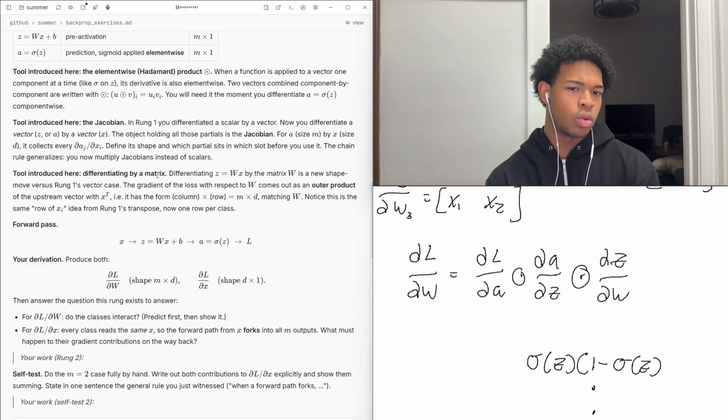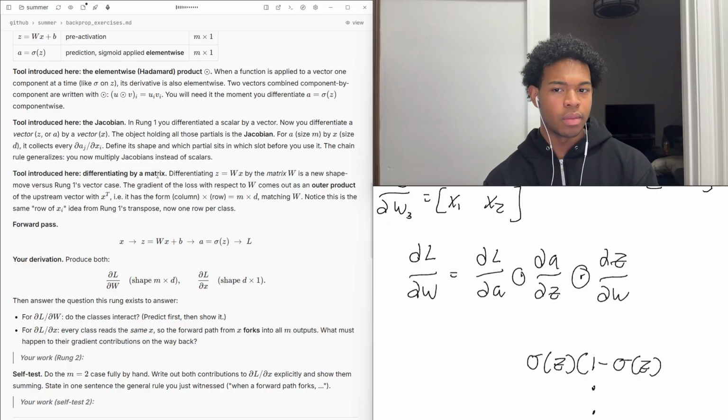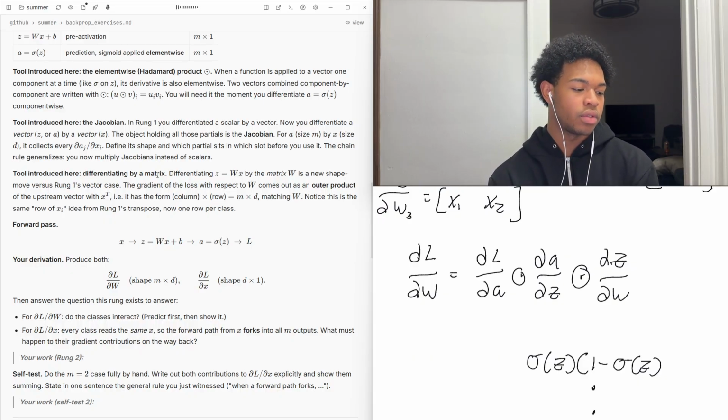Is that equivalent to performing the Hadamard with the... Oh, but you can't do element-wise if they don't match up. Wait, now I'm a bit confused. I understand that that's the shape that we want, but the partial of Z with respect to W is a size of 3 by 2, and then the partial of A with respect to Z is a size of 3, and the partial of L with respect to A is 3.